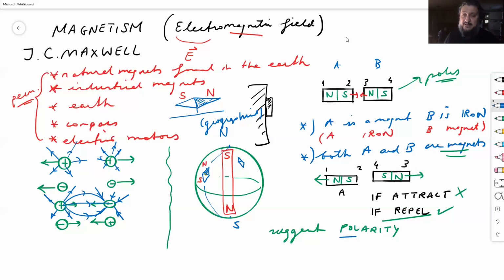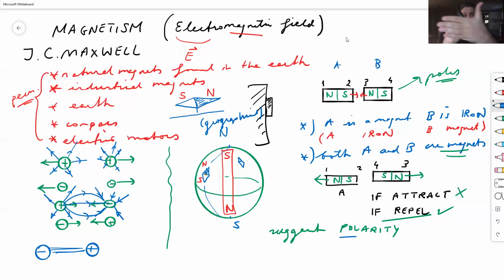Now, if you remember dipoles, a dipole is when you fix the distance between a negative and a positive charge. Let's say you put a stick. These are two charges, and then you have a non-conducting material in between. And like this pen here, you have two charges, and it's free to rotate in any direction.